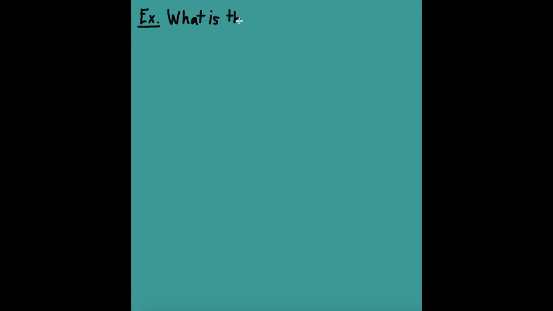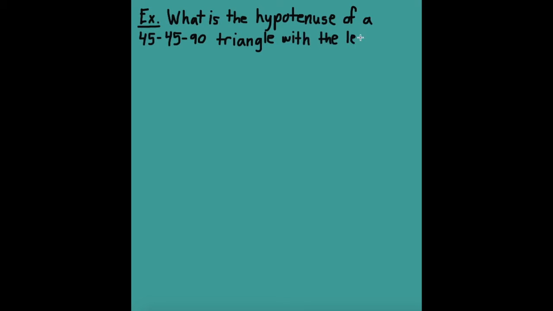What is the hypotenuse of a 45, 45, 90 triangle with the leg 2? In this problem, they only gave us one leg, which is 2. However, because it is a 45, 45, 90 triangle, you know that the other leg is the exact same, which is 2.